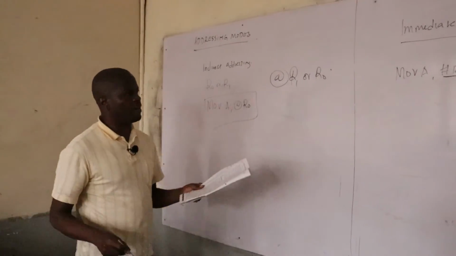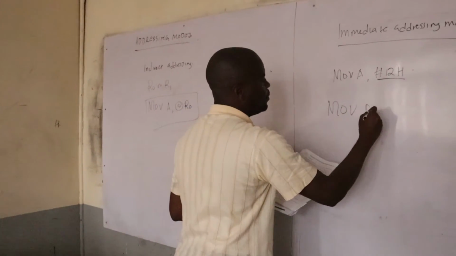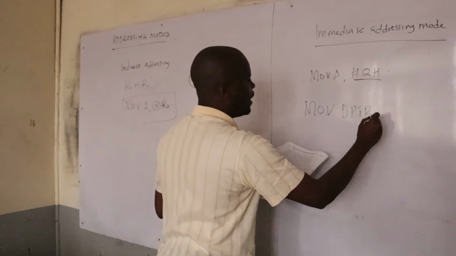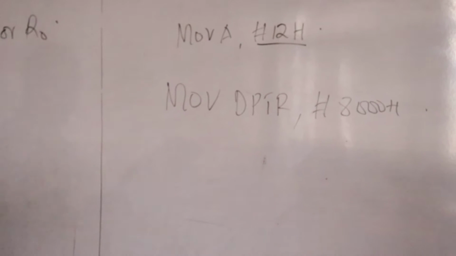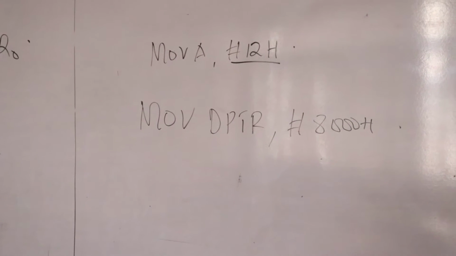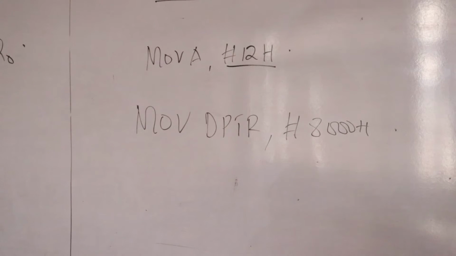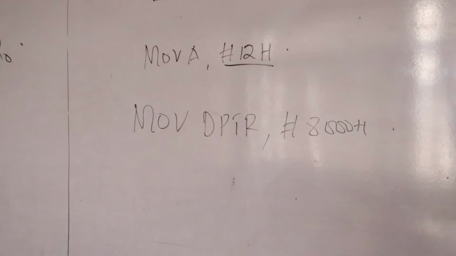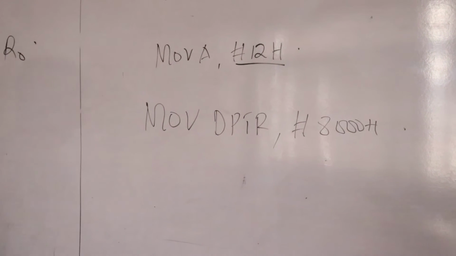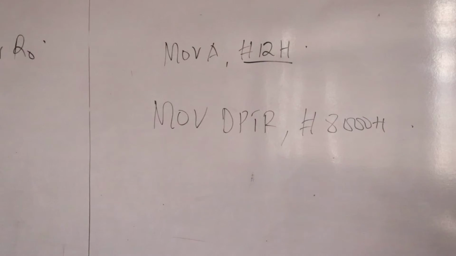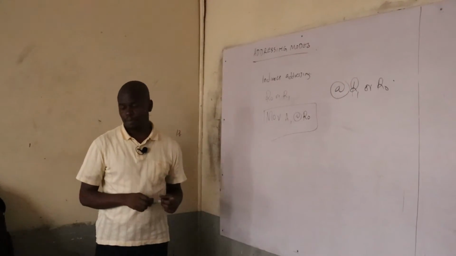This is the exception: you can talk of MOV DPTR, #8000H. That one is a little bit bigger, so it is not going to be 8 bits of data, but rather 16 bits of data. So anytime you have a pound sign preceding a number or a constant value, then that can be considered to be immediate addressing mode.